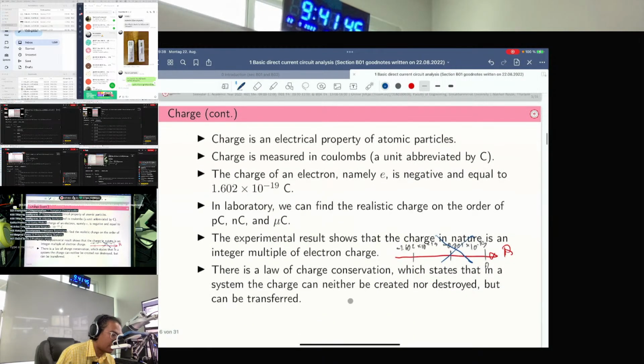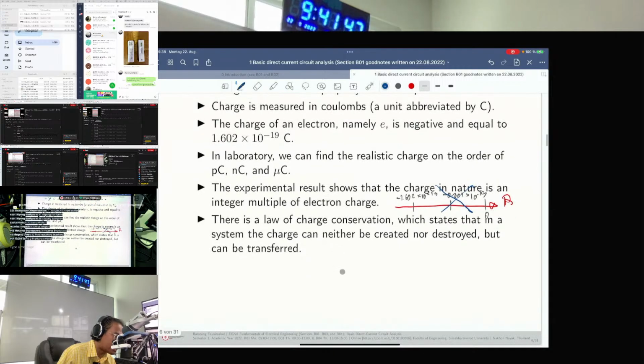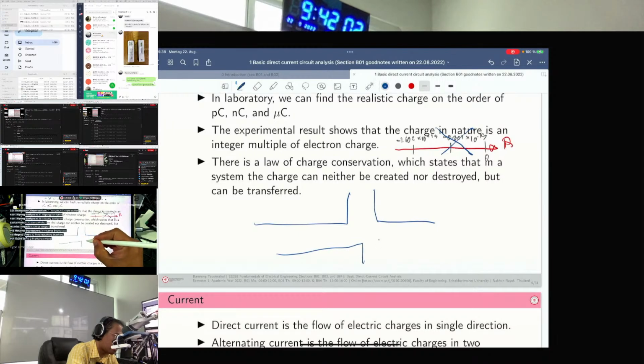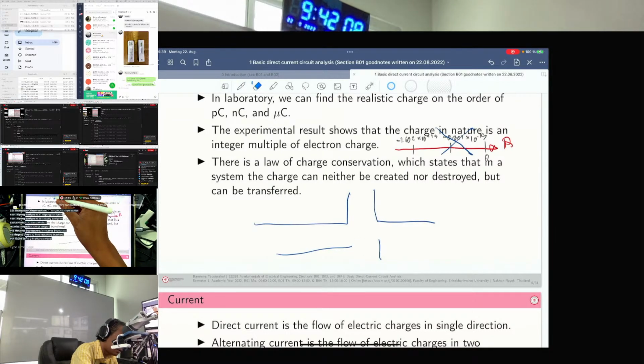Okay, there is a law of charge conservation which states that in a system the charge can neither be created nor destroyed, but can be transferred. For example, if you have a junction like a traffic road, right?